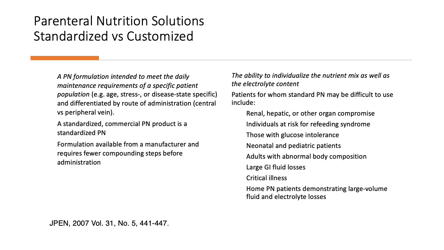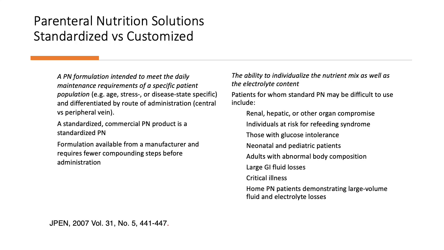For a customized compounded solution, it gives the ability to individualize the nutrient mix as well as the electrolyte content, and it's good for patients whom standard PN may be difficult to use. So, like I was saying earlier, those with renal, hepatic, or other organ compromise, individuals that are at risk for refeeding syndrome, those that have issues with glucose intolerance, for neonatal and pediatric patients, you're going to want to use custom TPN.